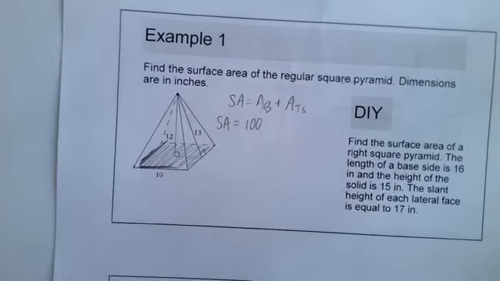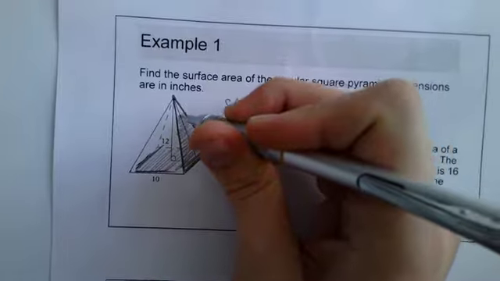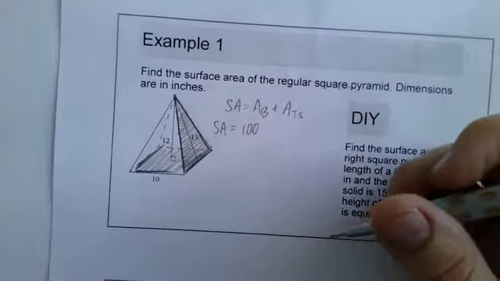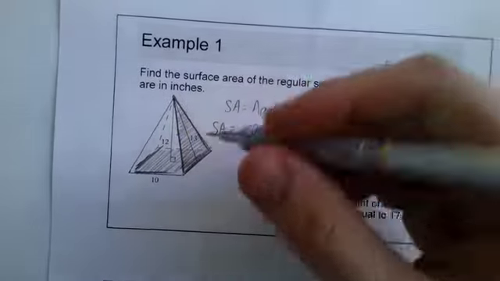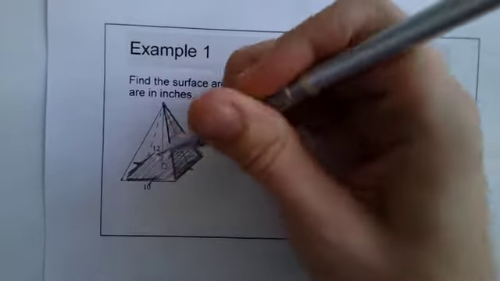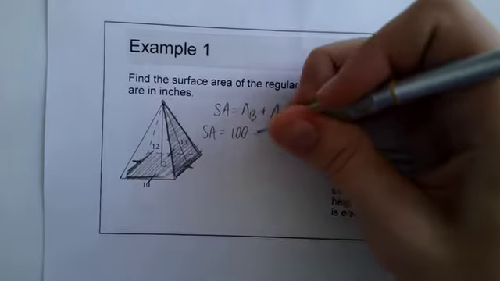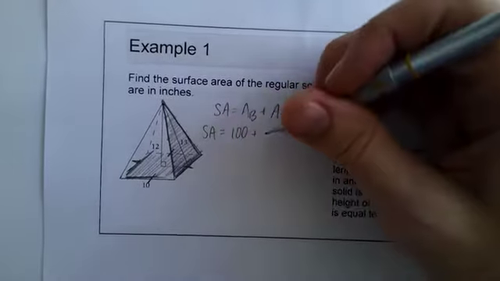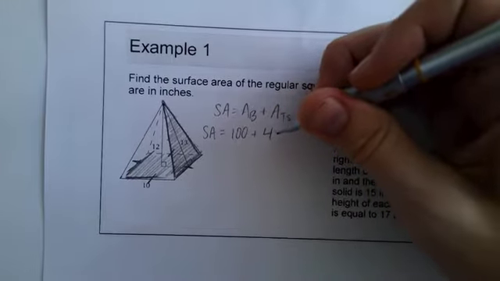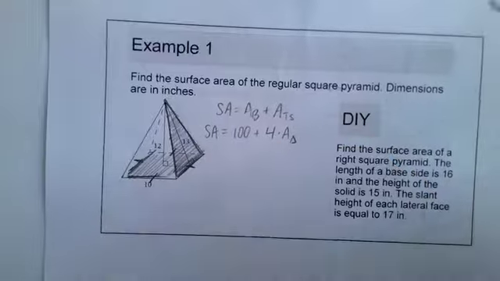But we haven't talked about all of the surface area, right? Because we also have these triangular sides. We have 4 triangular sides that we must find the area of. Since we know that the base is a square, every single one of these triangles is going to be identical. So I'm just finding the area of one triangle times 4, because there are 4 identical triangles.